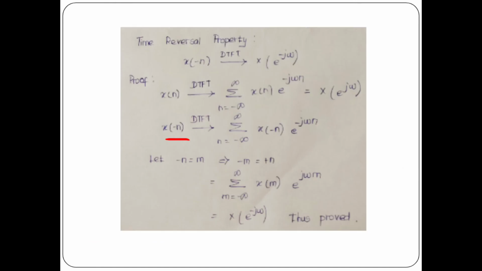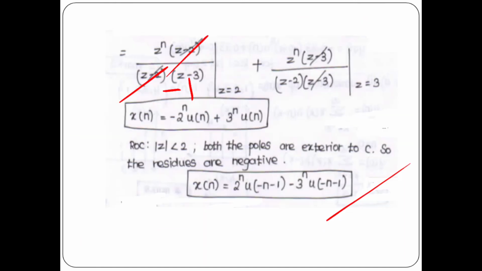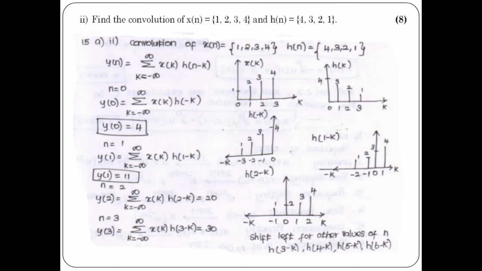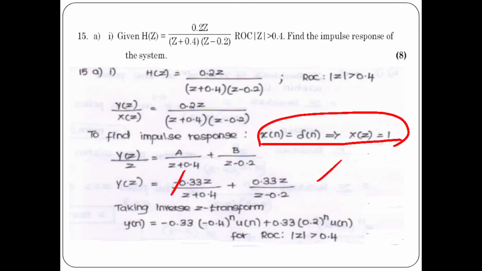As we have seen in the problem here, since both the poles are exterior to C, both the residues are negative, so we have to change the coefficient sign also. Negative will become positive and positive will become negative, and u of n will become u of minus n minus 1. So in a similar way, since this is modulus of z greater than 0.4, we can write the answer directly.